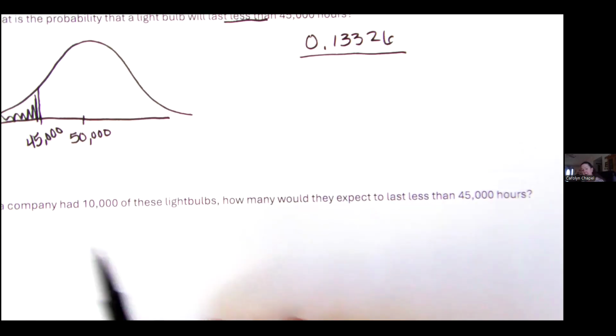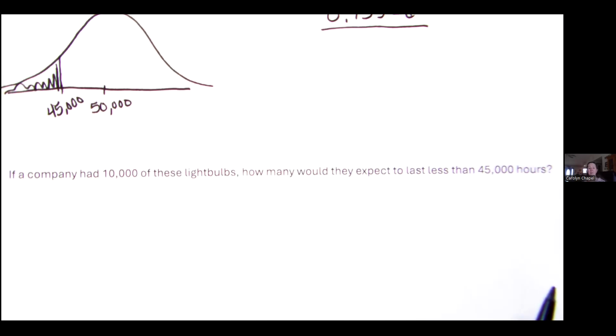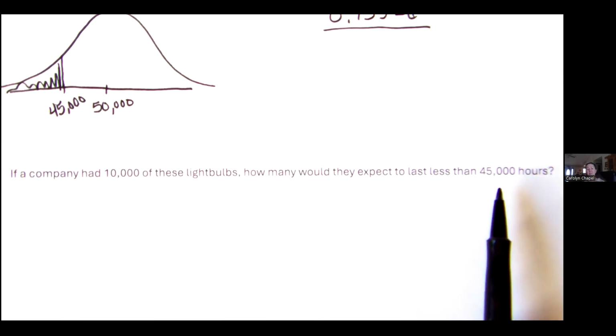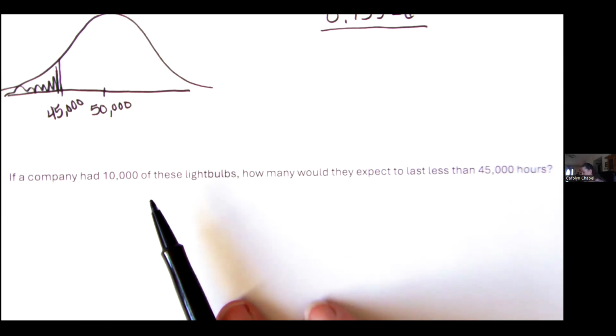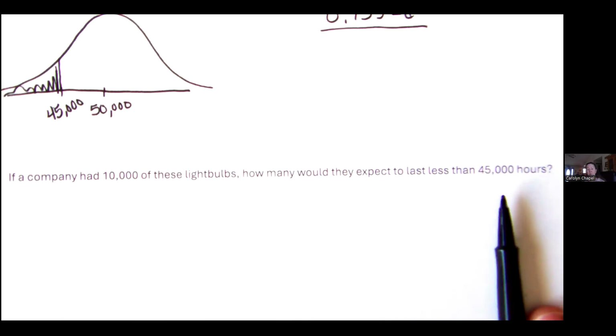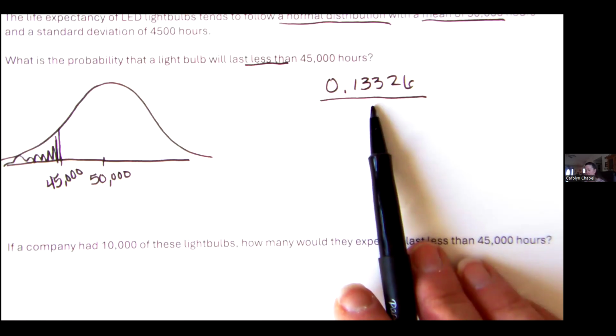Okay. This question here says, if a company has 10,000 light bulbs, how many of them would you expect to last 45,000 hours? Oh, so this isn't asking a probability. This is saying, okay, I have 10,000 light bulbs in this store. How many of them would I expect to last less than the 45,000 hours? Well, this is the probability that they last.